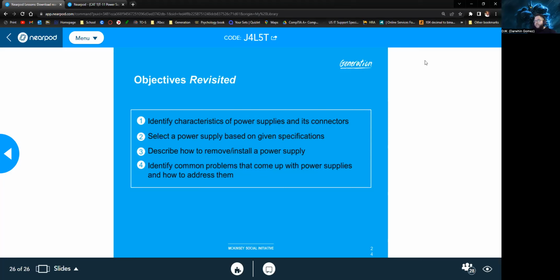What kind of rating for wattage should you get for your power supply? Type it in chat. 1,200. Why 1,200? 1,300. Okay, why 1,300? It's 30% more. 30% more, right, for the exam.